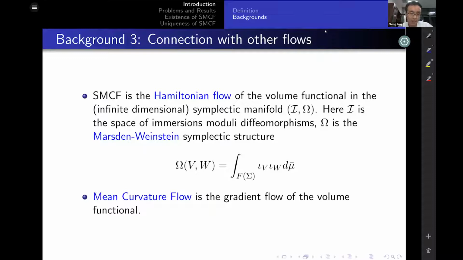And actually, the well-known mean curvature flow is just the gradient flow of the volume functional. So the Skew-Curvature flow can be seen as the Schrodinger counterpart of the mean curvature flow.